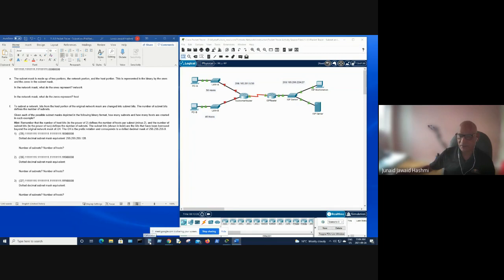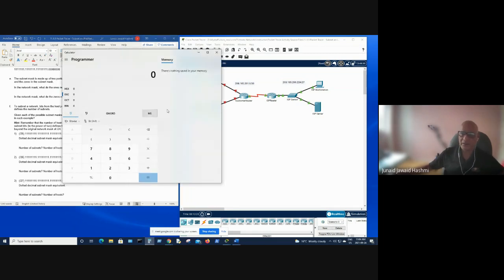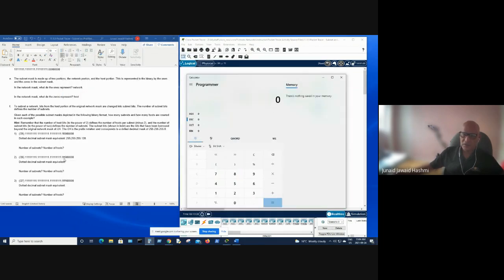So let's see. I'm going to start the Windows calculator. You see these are the binary bits, and if we enter them, you see the decimal portion is 128.